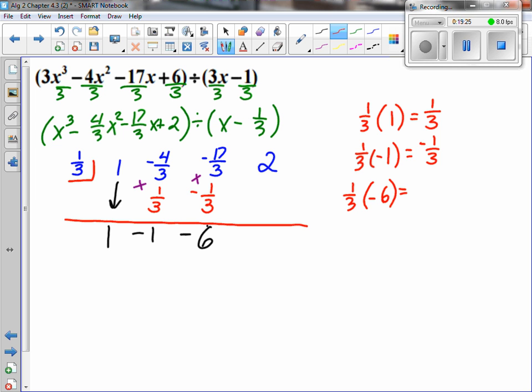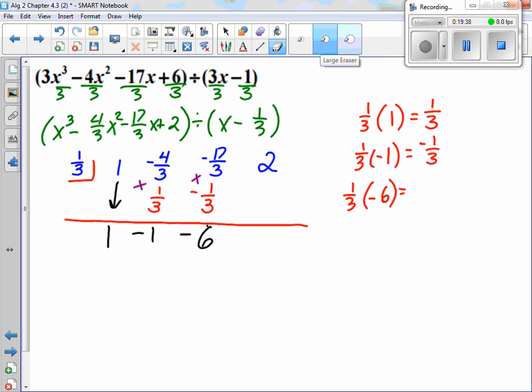One-third times negative 6 would be negative 6 thirds, which reduces to negative 2. So it's just negative 2. And if we add these together, we get what?